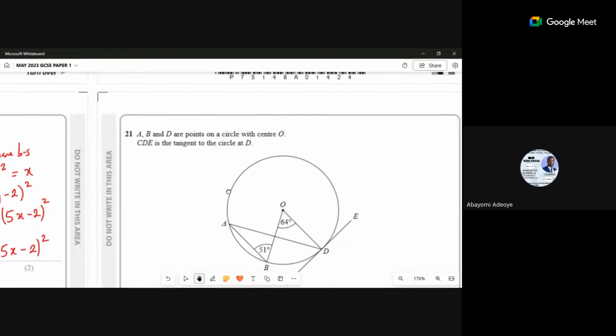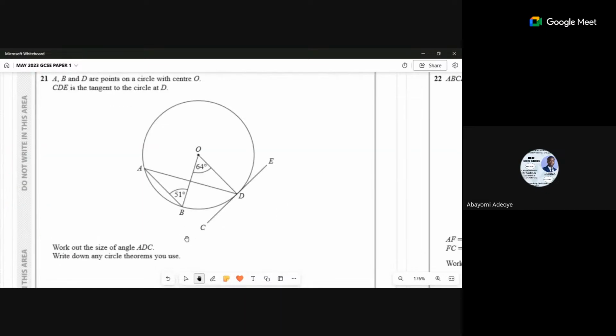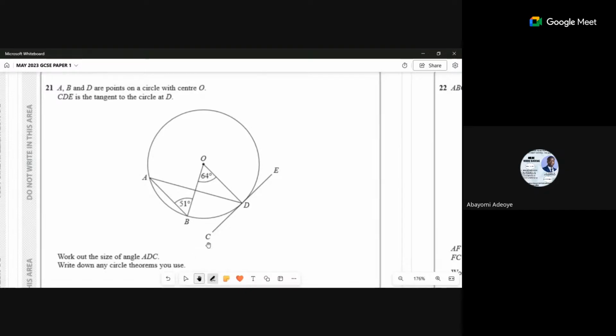This is circle theorem. So this is part of the topic I'm going to treat. All right, so should we solve it now or skip it, or when we do the topic?